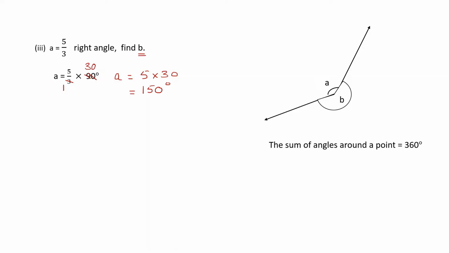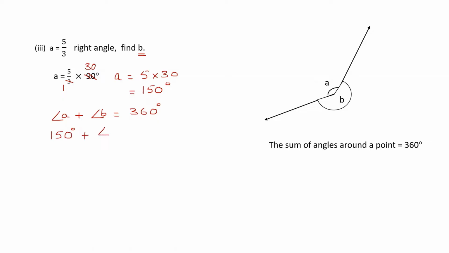Can we find B? Yes, because angle A plus angle B should be equal to 360 degrees because they are angles around a point. Angle A, we're going to substitute it for 150.